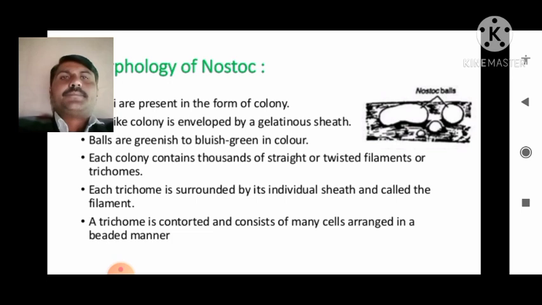This mass appears to be ball-like, and by observing in fresh water or in the water habitat, the colonial Nostoc which has formed the balls or mass shows a greenish, somewhat bluish shade, or bluish green in color.